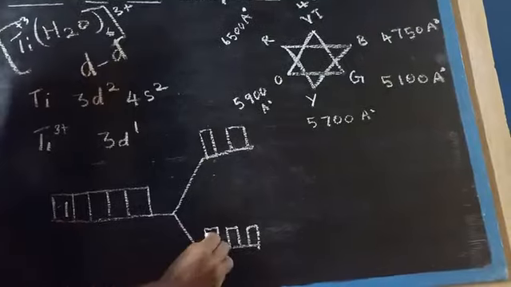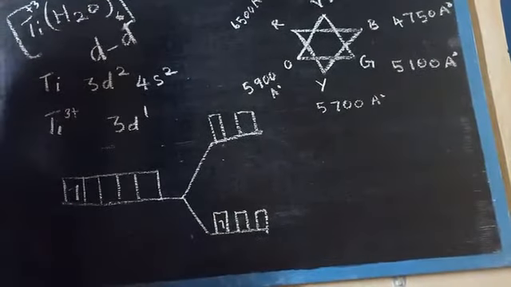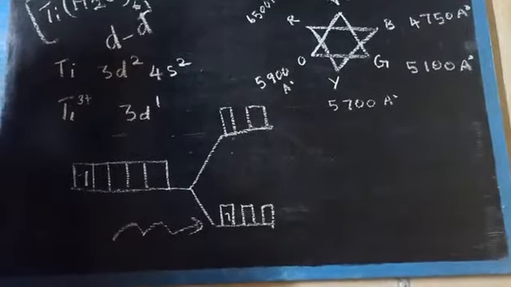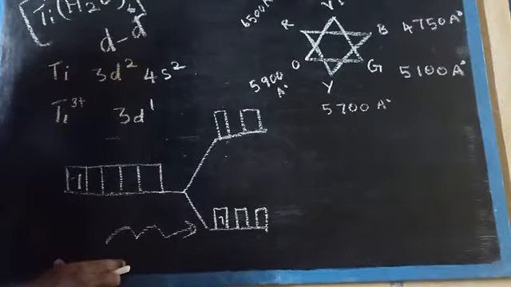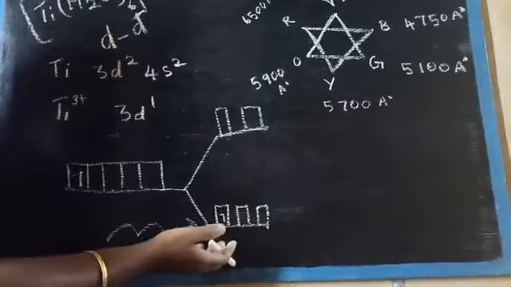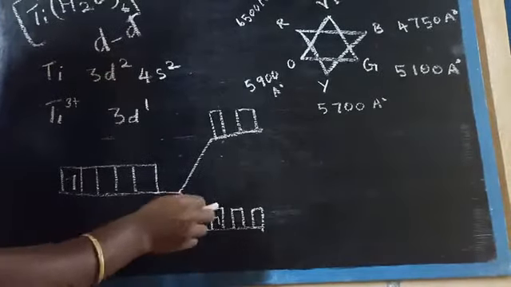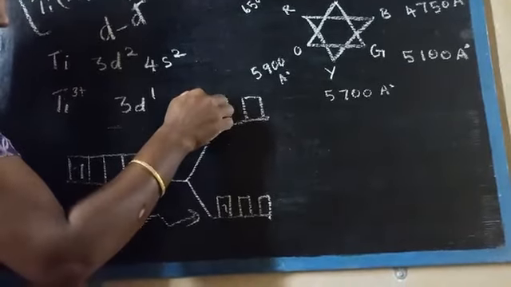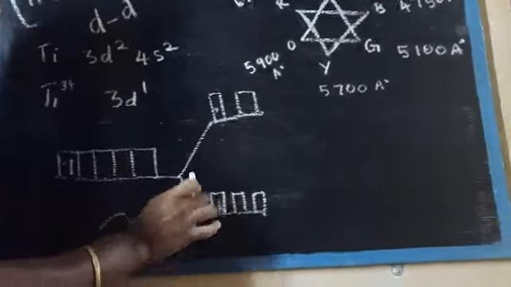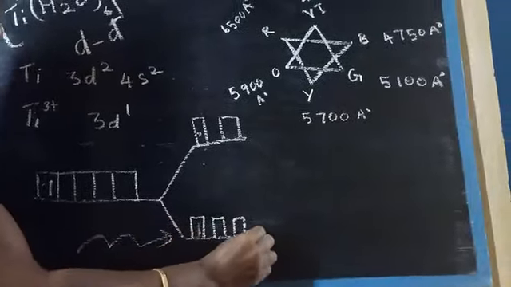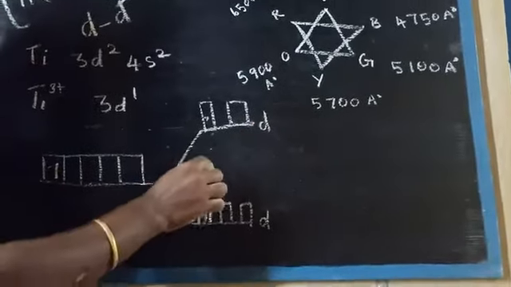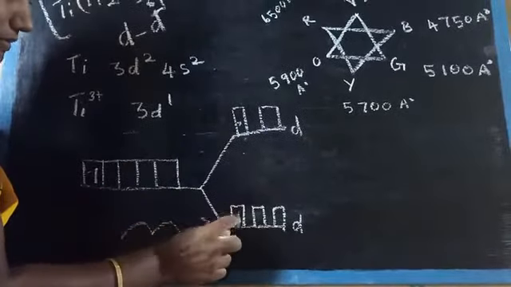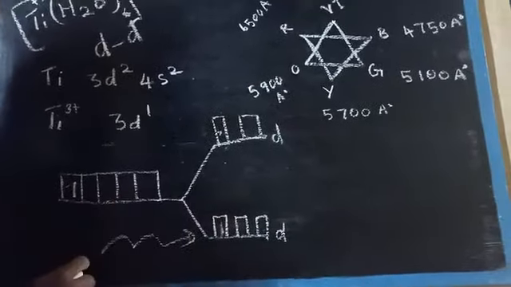Now, only one electron. When white light passes, it absorbs at a particular wavelength, and this electron moves to the higher energy level eg. Here there is no electron; this is also d and this is also d, so it is a d-d transition from the lower energy level to the higher energy level.